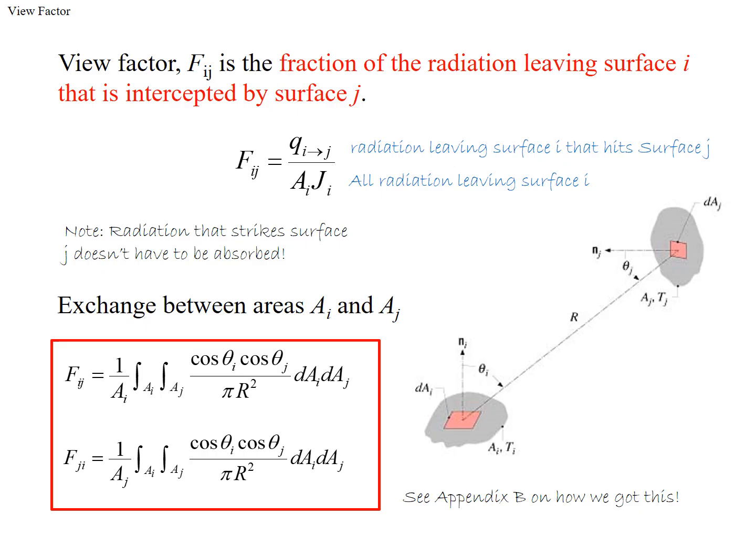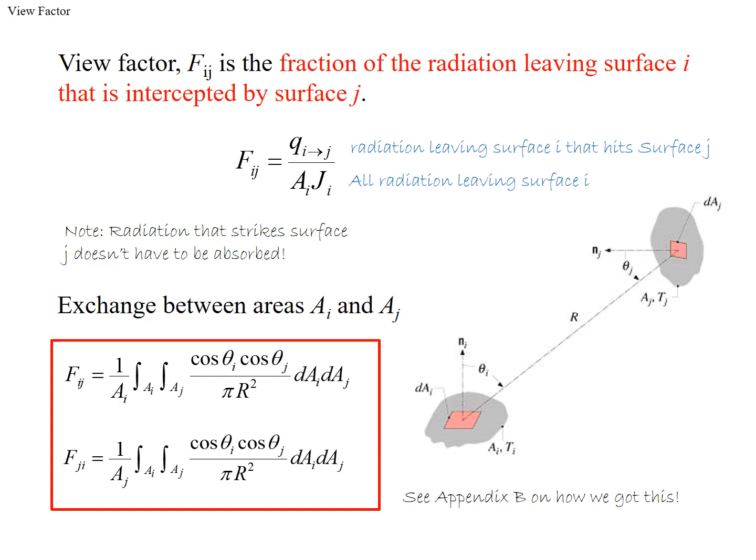There are other surfaces as well. So a fraction of the radiation emitted from surface i is going to be intercepted by surface j. That fraction, if it's 30%, 20%, whatever it is, we call it F_ij. It's very important for you to be careful about F_ij versus F_ji. These two are two different things.